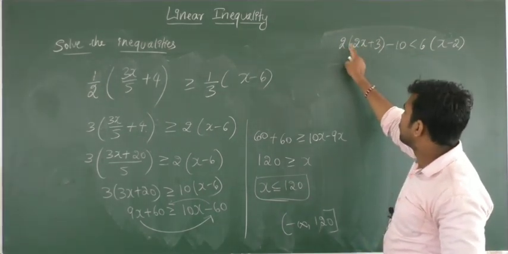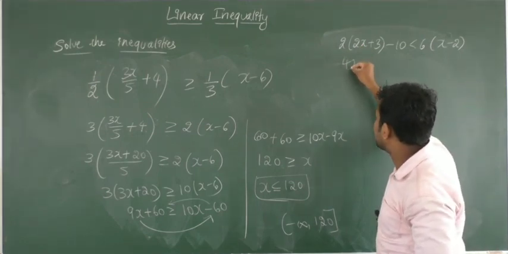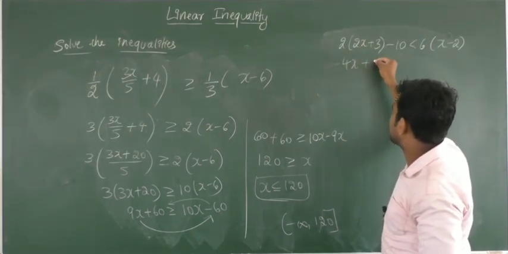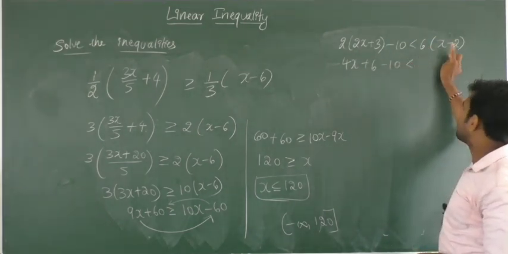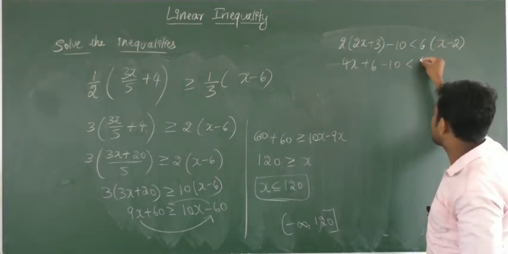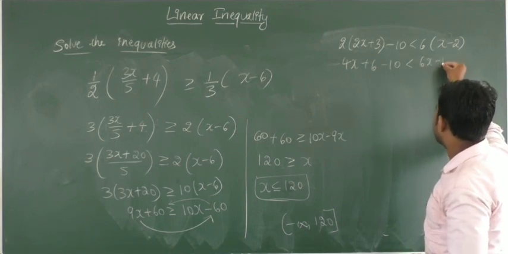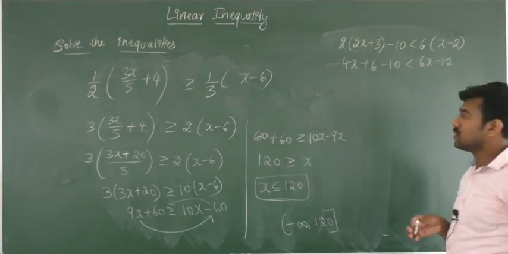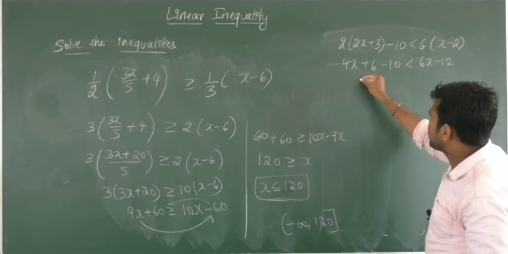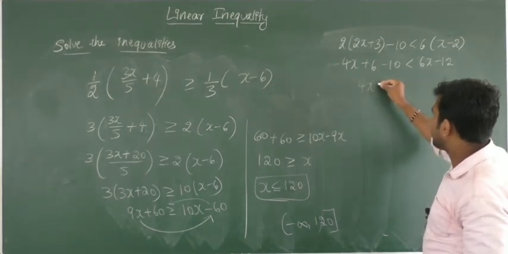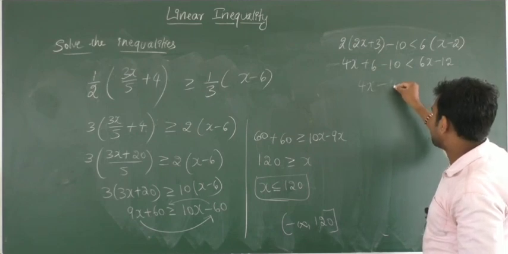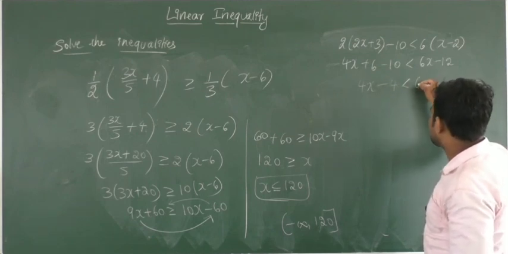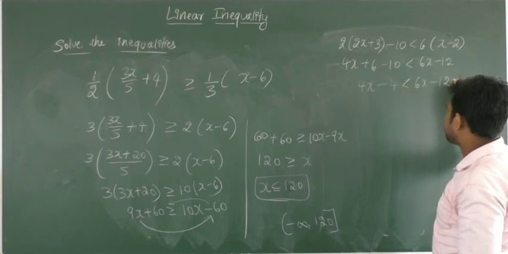So what will we get? 2 into 2x, 4x. 2 into 3, 6, minus 10 less than 6 into x minus 2. 6 into x is 6x. 6 into minus 2, minus 12. So now rewrite: 4x plus 6 minus 10 is minus 4, less than 6x minus 12.